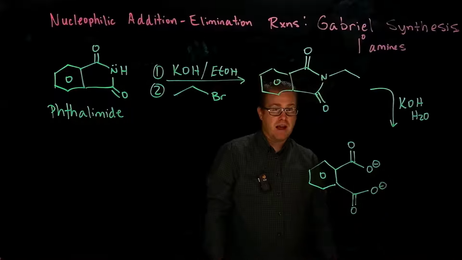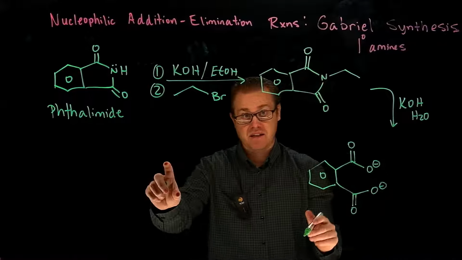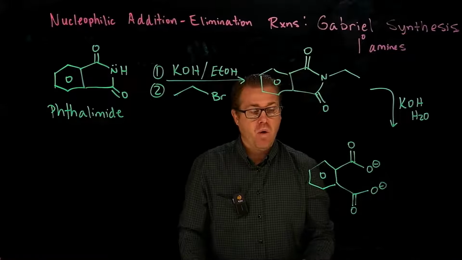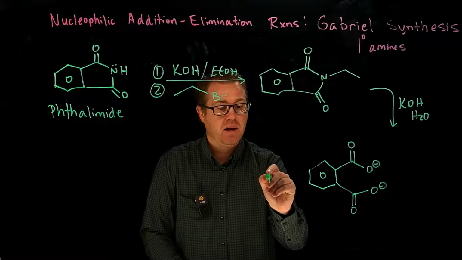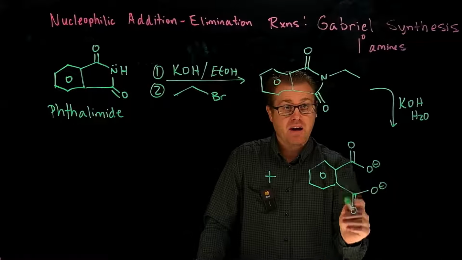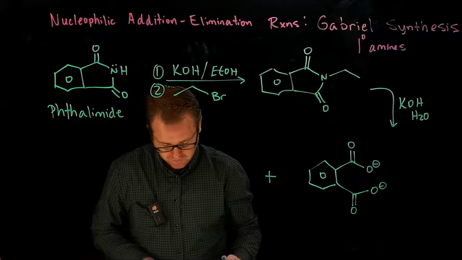But that's not what we're after. If we were after this species, we would take this and treat it with acid and isolate the carboxylic acid. But we don't want the carboxylic acid in a Gabriel synthesis. We want the amine. The other product that's generated is a primary amine.